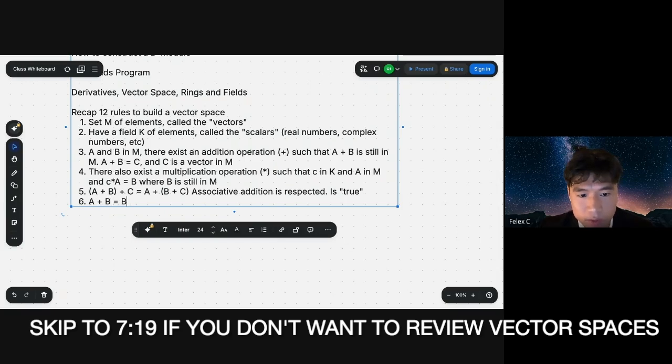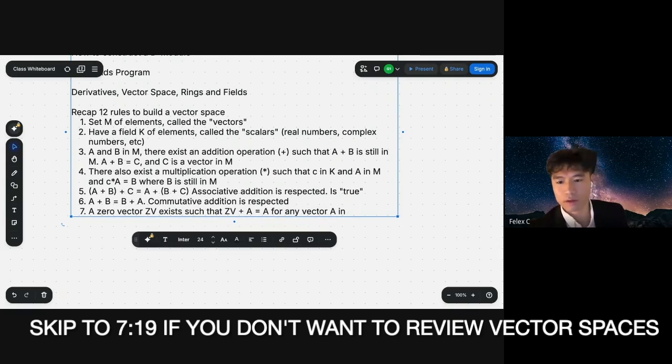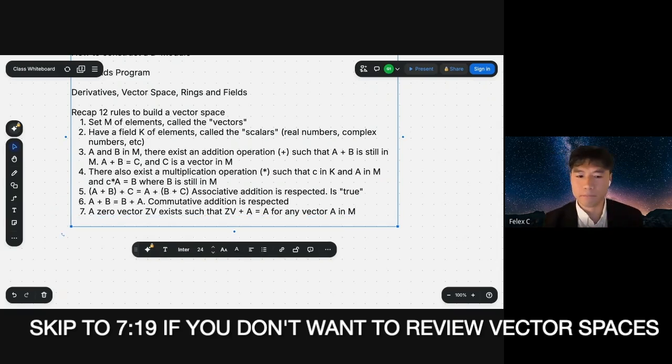So A plus B is equal to B plus A. So commutative addition is respected as well. Now there's also a zero vector. A zero vector, call it ZV, exists such that ZV plus A is equal to A, for any vector A in M.